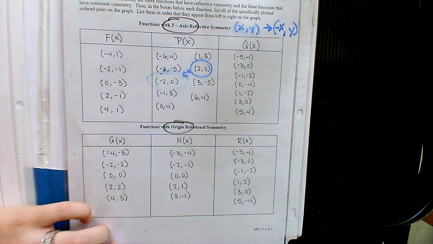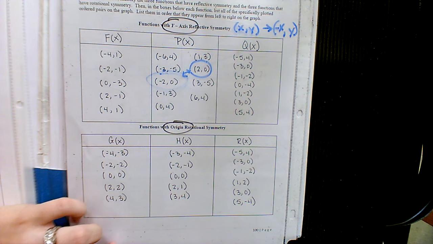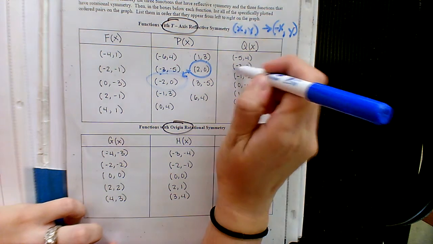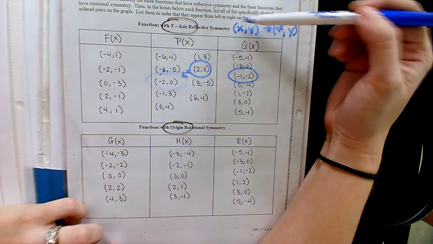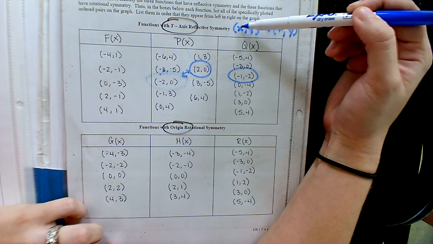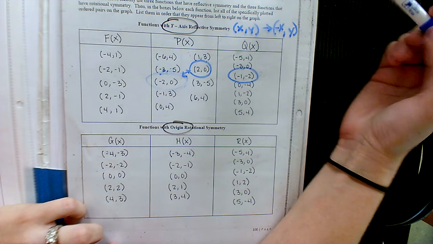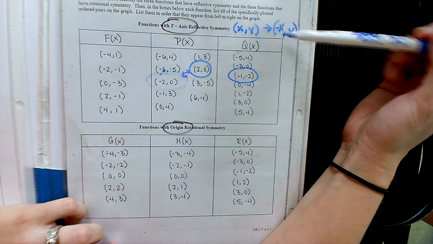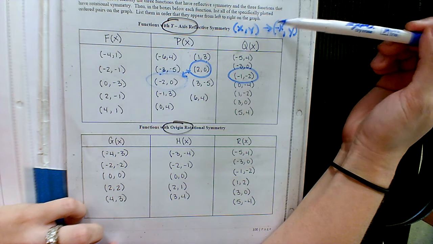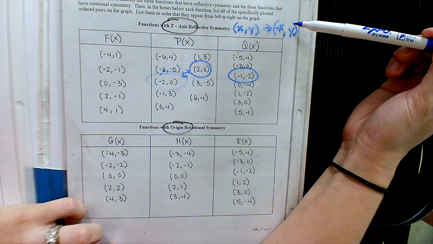Okay, so let's see. Olivia, can you do me a favor? Pick a point in the Q of x column. -1, -2, right? So Olivia picked a point, and according to our y-axis relationship, there should be a related point where the x is the opposite and the y is the same.